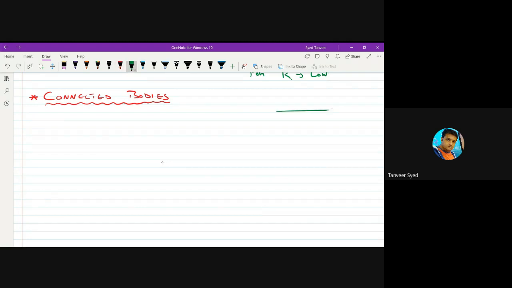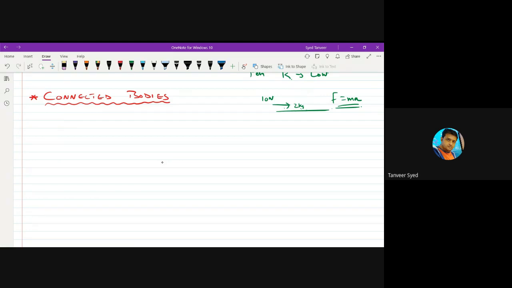In previous classes, I think we studied, suppose you are given a body of mass 2 kg and you are applying some force, 10 Newton, on it. What is the acceleration of this body? Or if acceleration is this much, how much force is applied? Or force is given, acceleration is given, what is the mass of the body? We did some questions like this, which are based on F is equal to ma, Newton's second law. But those were for single bodies, isolated bodies.